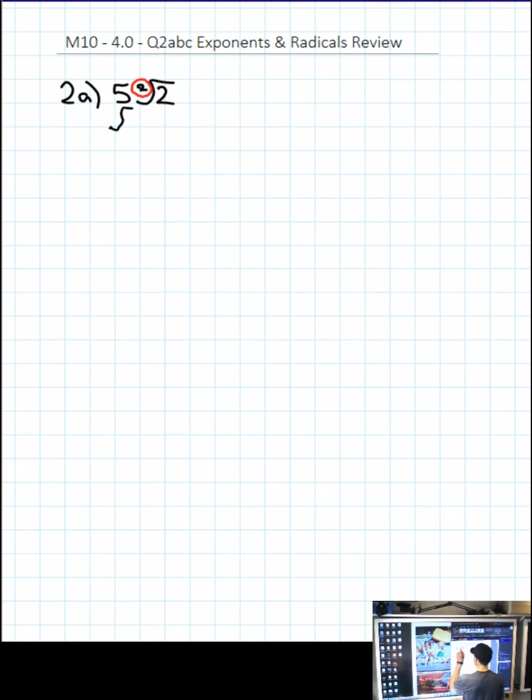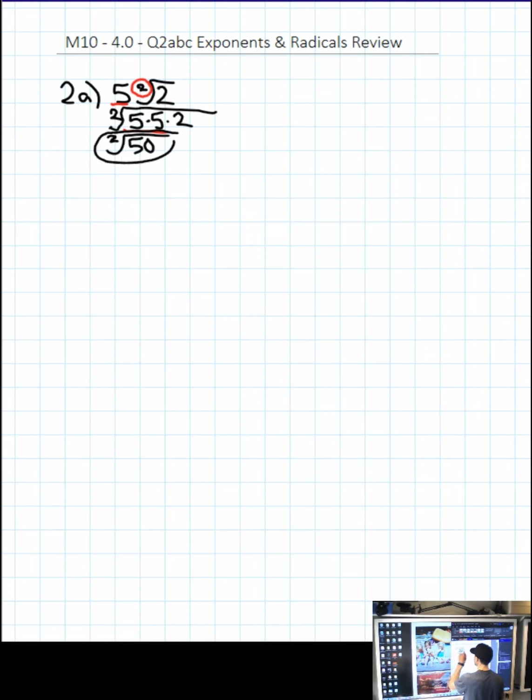So we simply get the square root of 5 times 5 times 2. So if I have 1 5 on the outside, that means that 2 5s are on the inside because we have an index of 2, the type of root. Okay, so that means that we have the square root of 5 times 5 is 25, times 2 is 50.